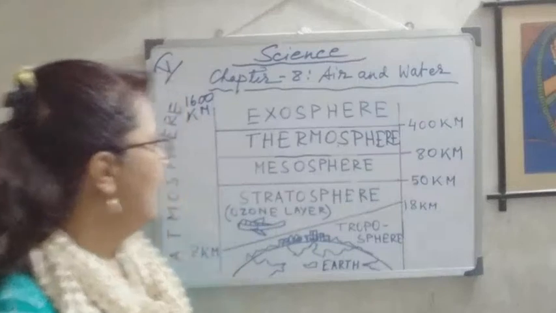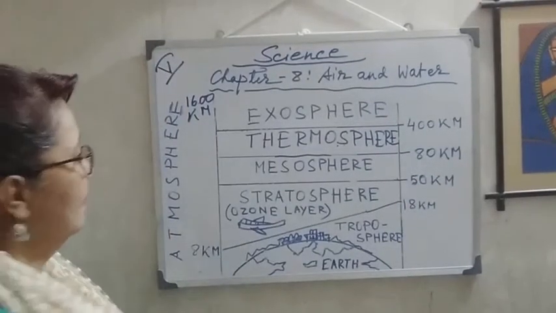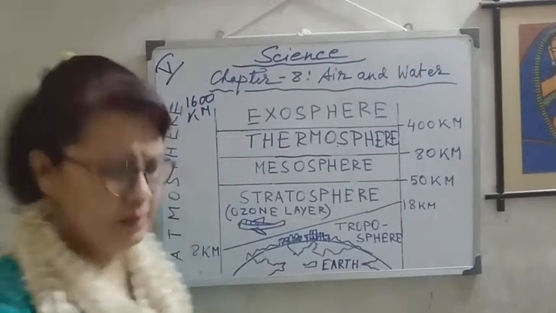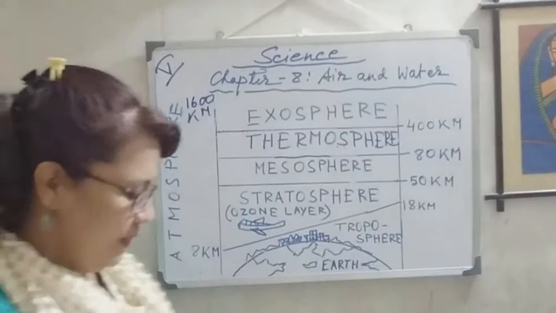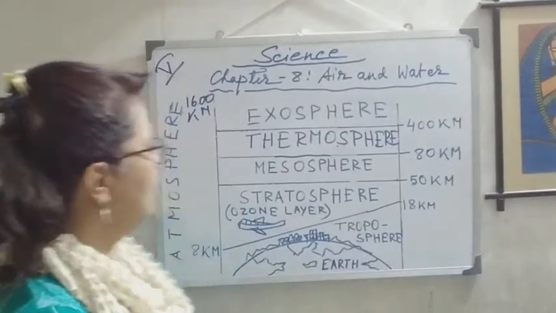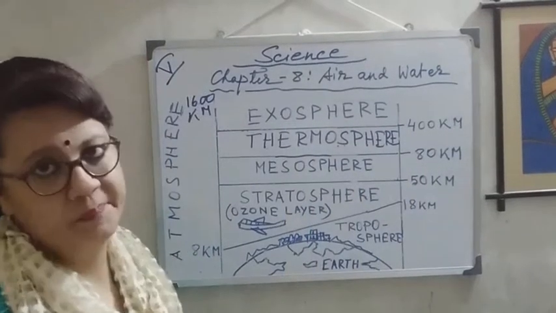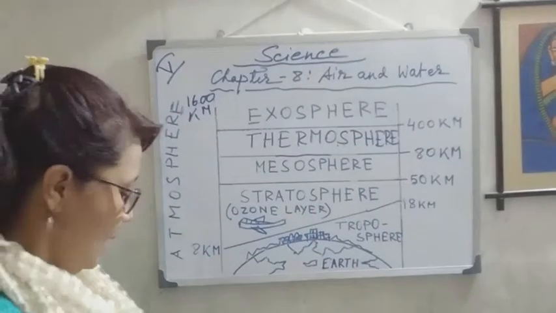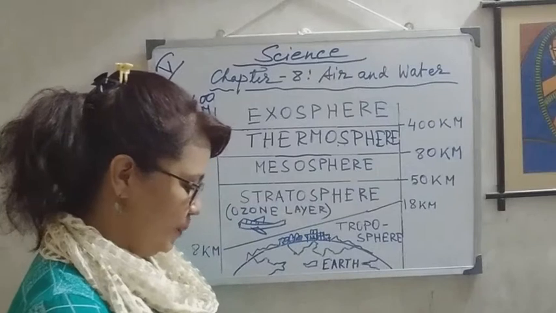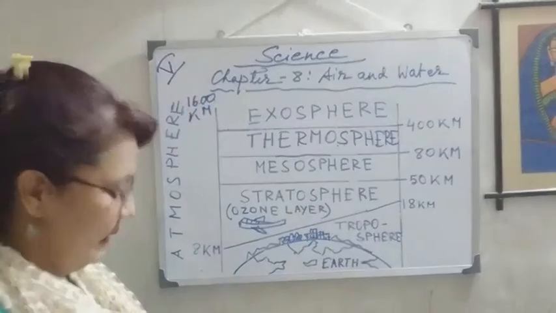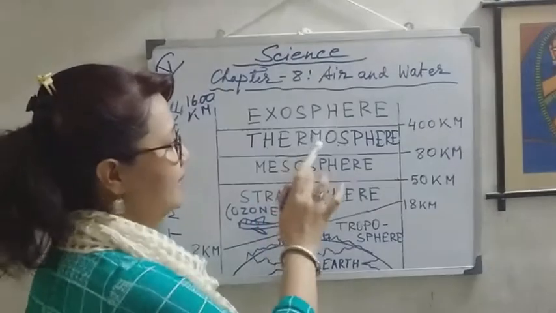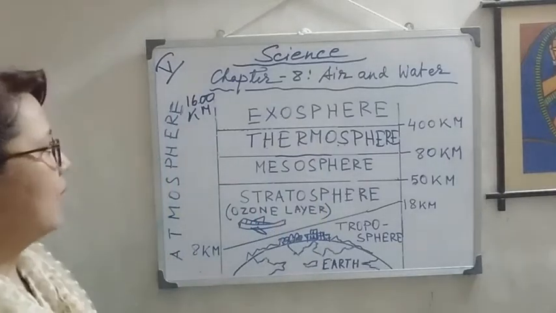Then the thermosphere, also known as ionosphere, is the layer above the mesosphere. It extends up to 400 kilometers, and the space shuttles orbit in this region, in the thermosphere.